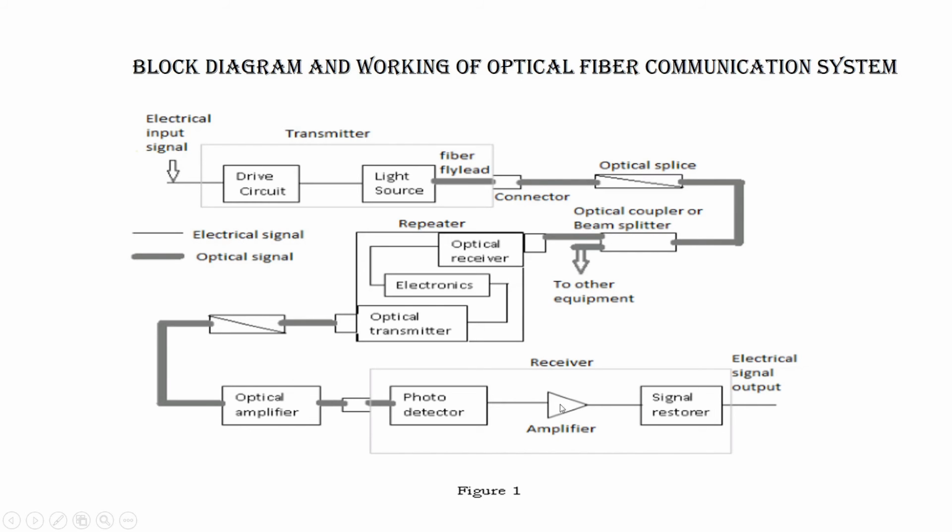So here you will be able to see the amplifier, and then we can restore the signal, and there could be a band pass filter, low pass filter, or any electronic circuit. So we can say signal restore here, and then we will be receiving the electrical signal at the output side. So this is the optical receiver circuitry, and here the output will be our electrical signal, the inserted electrical signal.